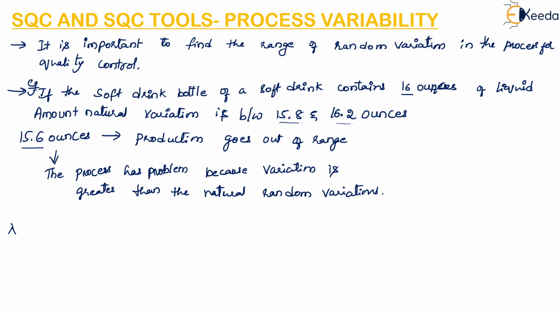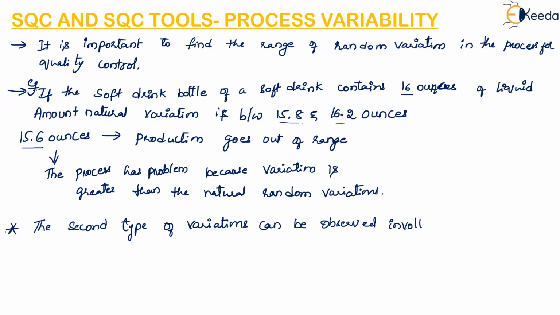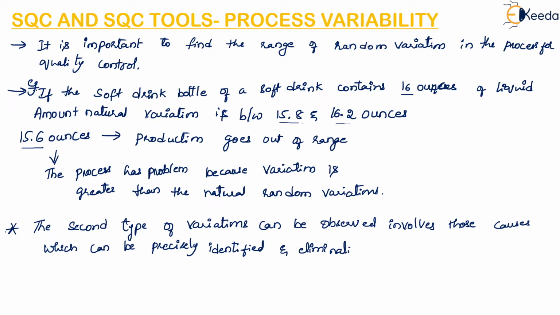Here the second type of variations can be easily identified and eliminated, and they are called assignable causes of variation.